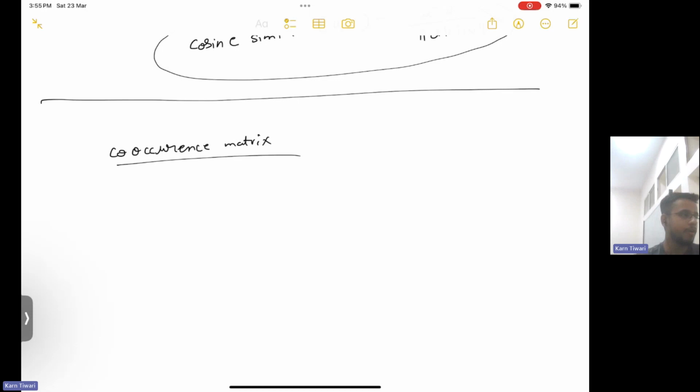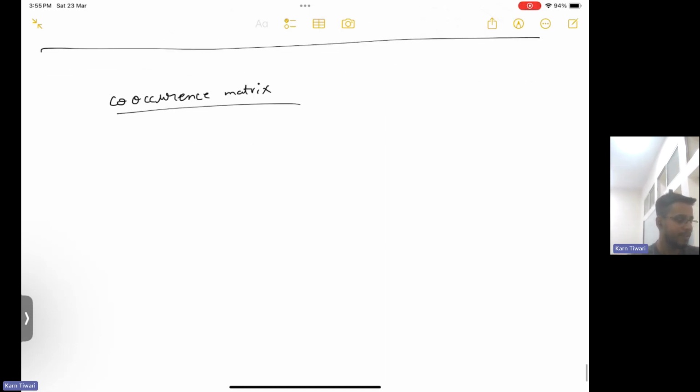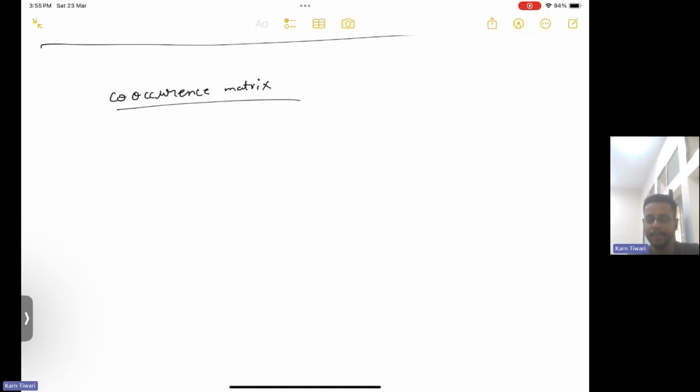So how are we going to do that? As I mentioned, we are given a corpus, which is a bunch of sentences. A co-occurrence matrix is just a term by term matrix. I'm using the same notation as in the lecture so it is easier for you to follow. It captures the number of times a term appears in the context of another term, which makes intuitive sense.